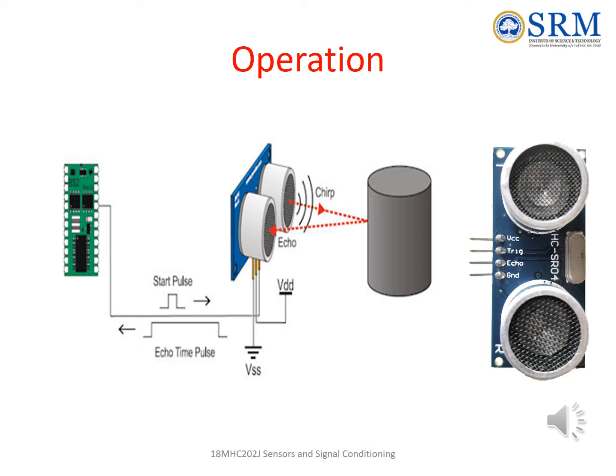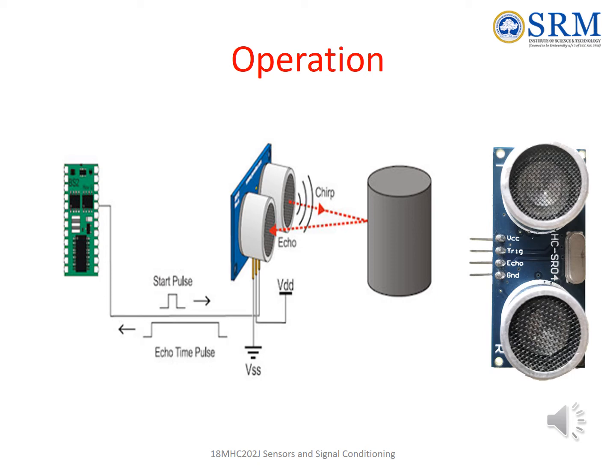Once the wave is reflected by any object, the echo pin goes high for a particular amount of time, and that time will be equal to the time taken for the wave to return back to the sensor. The amount of time during which the echo pin stays high is measured by the microcontroller or microprocessor unit, and it gives the information about the time taken for the wave to return back to the sensor. Using this information, the distance is measured.